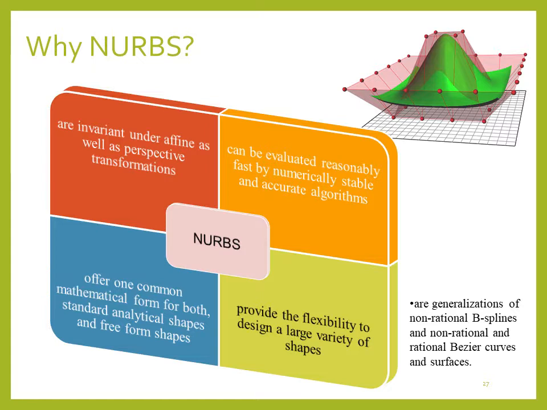NURBS also offer one common mathematical form for both standard analytical shapes, that is your cones, rectangles, everything, and free-form shapes. And lastly, NURBS are generalizations of non-rational B-splines and non-rational and rational Bezier curves and surfaces. So this is the most beneficial thing about NURBS. That's why we use NURBS.